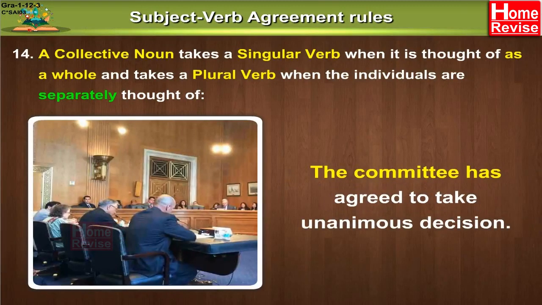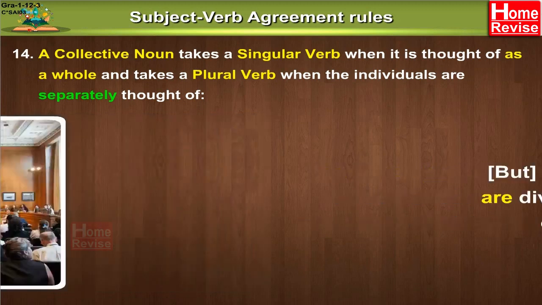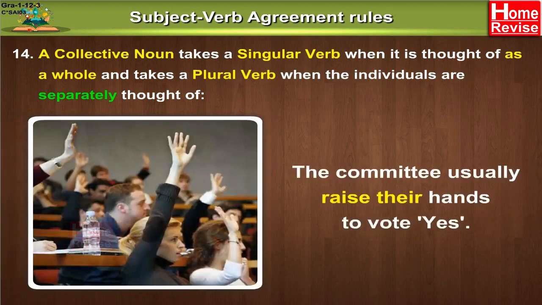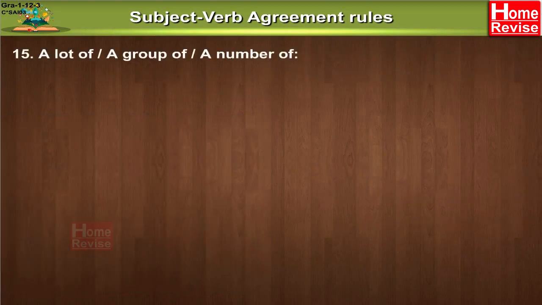The committee has agreed to take a unanimous decision, but the committee are divided in respect of details. The committee usually raise their hands to vote yes. 15. A lot of, or a group of, or a number of.